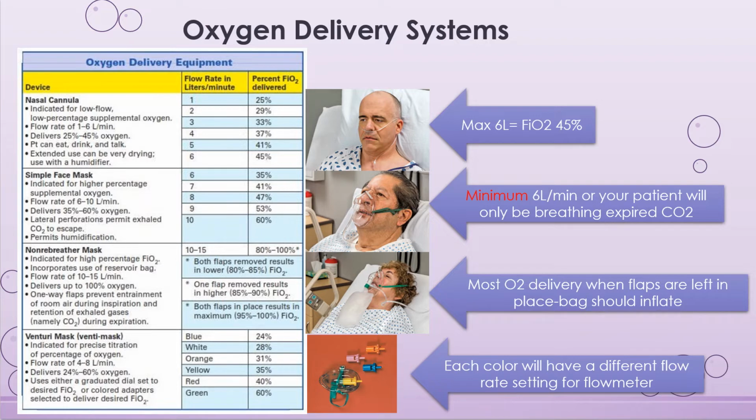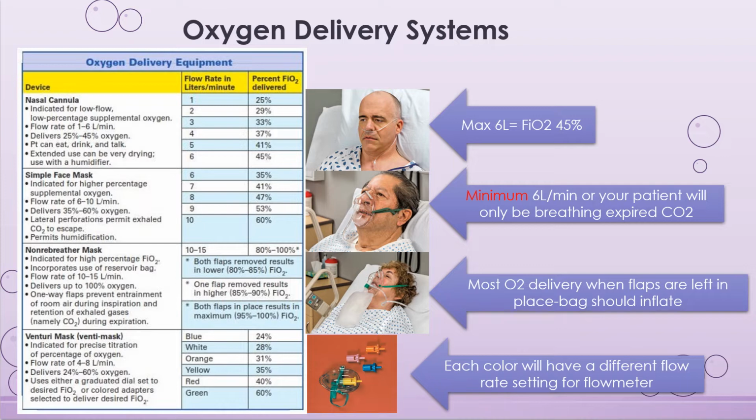Now, when we move to a simple face mask, we pick up where we left off. It's 6, the minimum delivery of oxygen that you can deliver. Like, you cannot deliver less than 6 liters per minute by mask, or all your patient is going to be breathing is their own expired CO2.